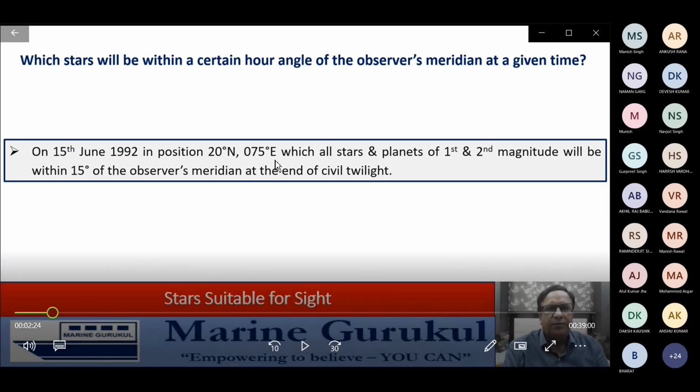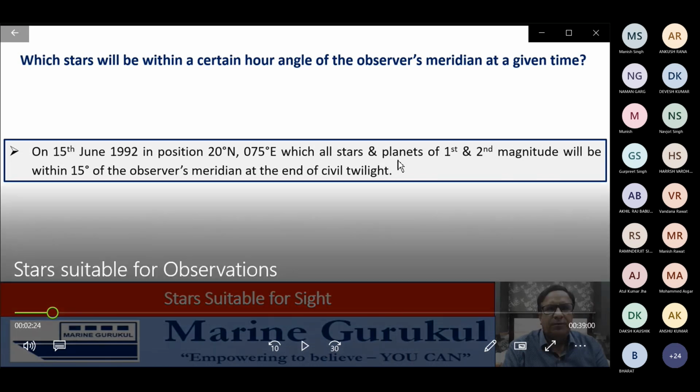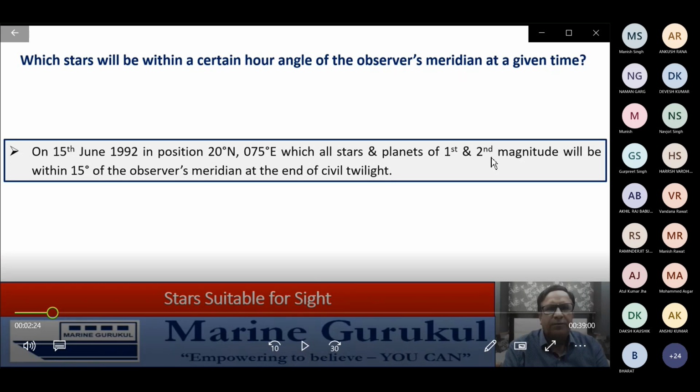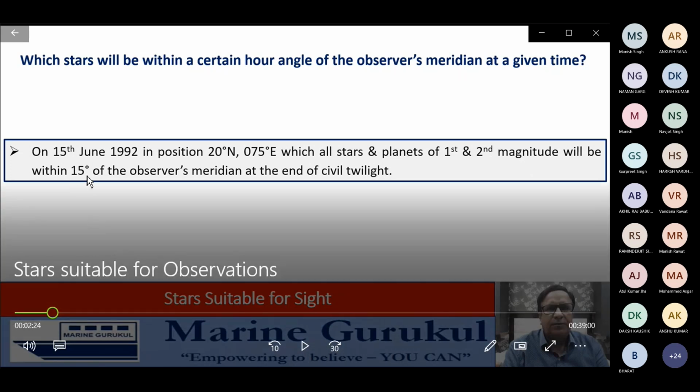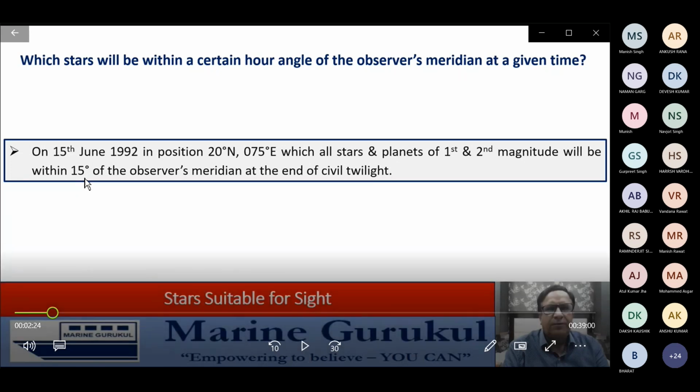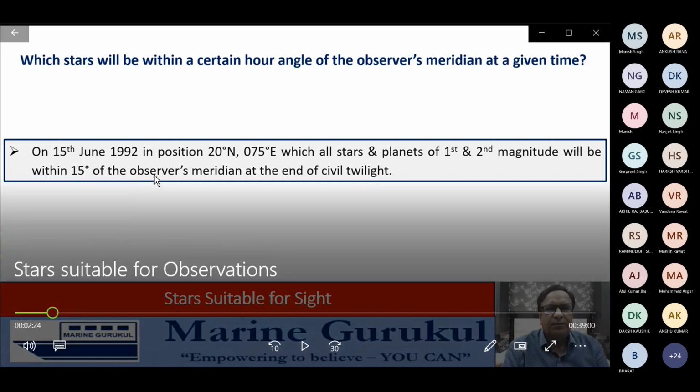And in these questions, they will ask us to find stars and planets of first and second magnitude which are within a certain R angle of the observer's meridian, or within a certain number of degrees of the observer's meridian. Like in this case, they have told us to find the stars within 15 degrees of the observer's meridian.